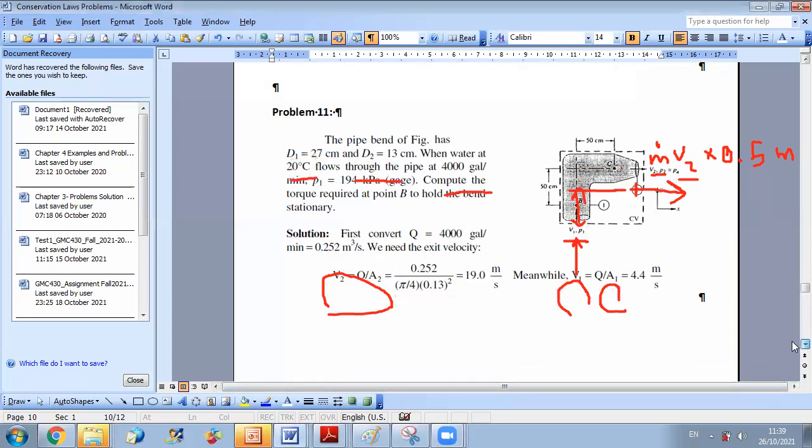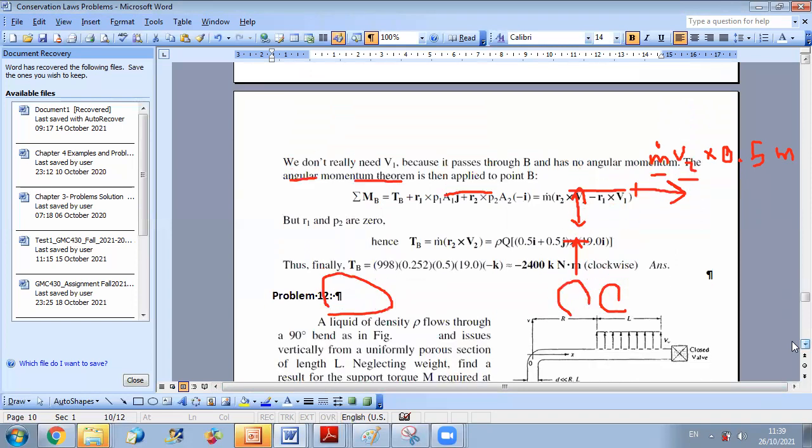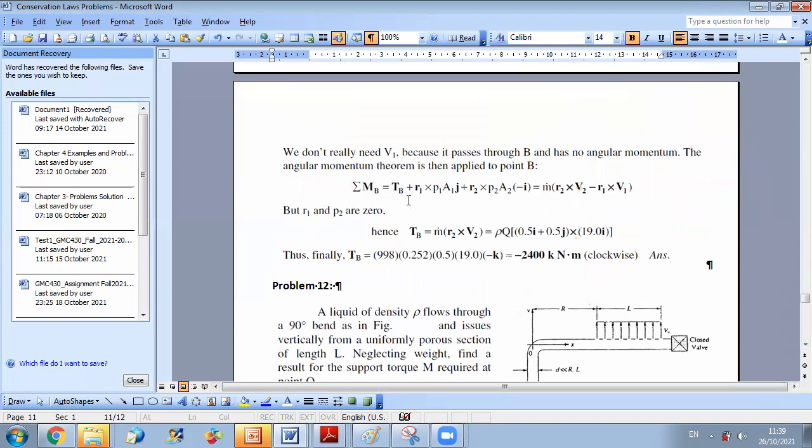We just have to plug into the angular momentum relation. Okay, so if you substitute in your relation, as we have seen together, P1 doesn't have a moment about B, because R1 is along j, so j vectorial j will cancel out, so this term is 0. You have that the pressure P2 is 0 gauge. Since it's 0 gauge, this term will cancel out.